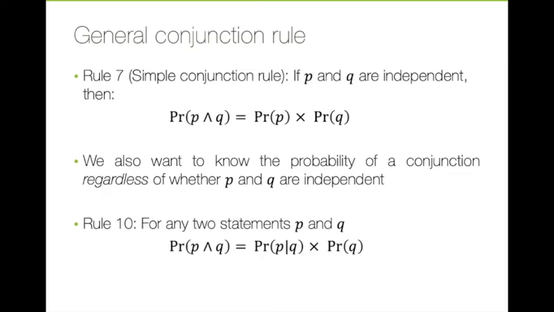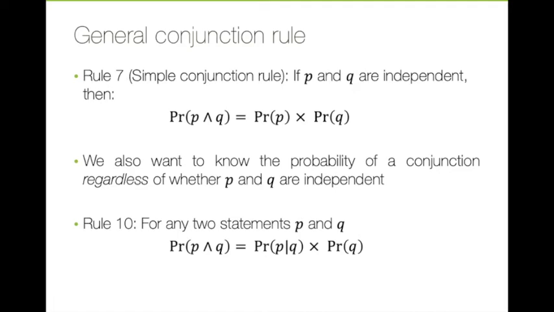We want to know the probability of a conjunction regardless of whether P and Q are independent. So that's why we need a general conjunction rule, one that applies regardless of the independence of P and Q. That's our Rule 10.